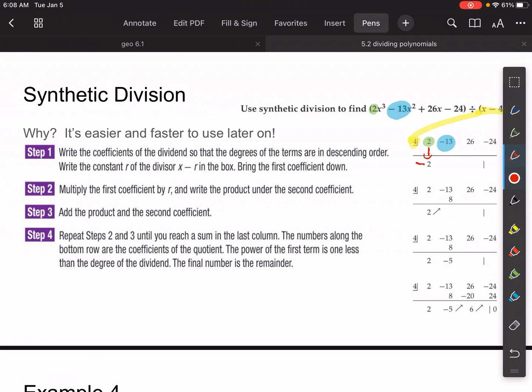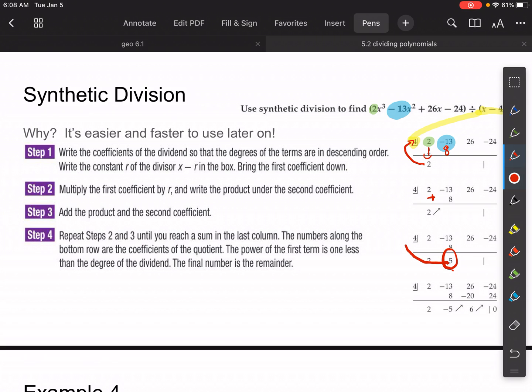Then you're going to multiply. 2 times 4, you get 8. Then you're going to add. You're always going to add, no matter what. Okay, so negative 13 plus 8 gives you negative 5. So you add the product to the second coefficient, and then you just keep repeating this process over and over and over.